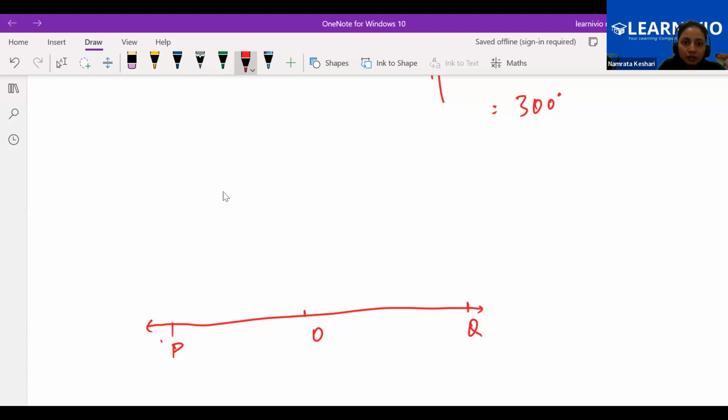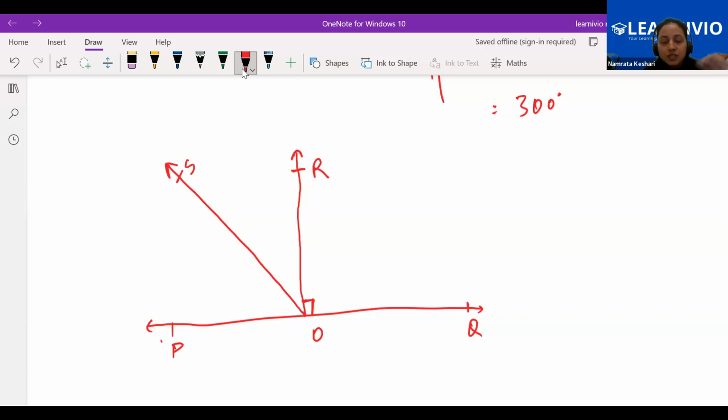Here we have a perpendicular like this. Here is a 90 degree angle. Here R is there, and here S is there. Let me write the information which is given in the question.